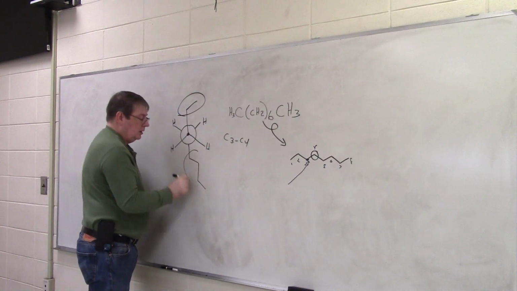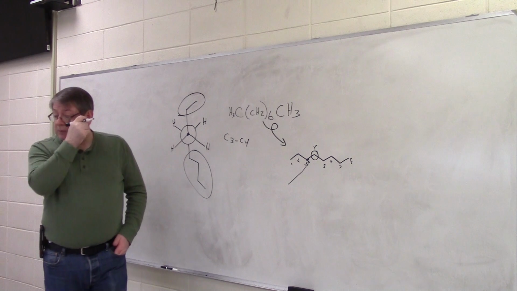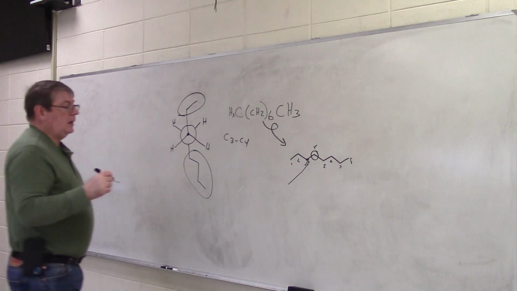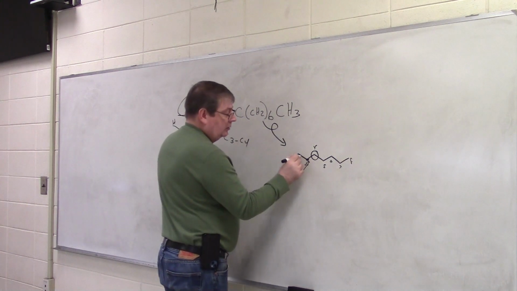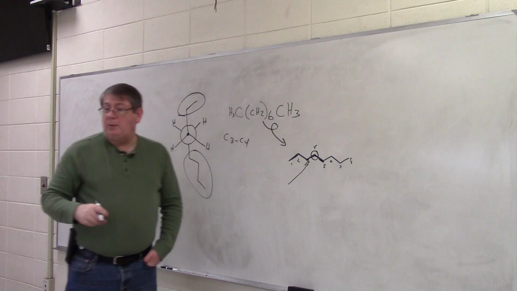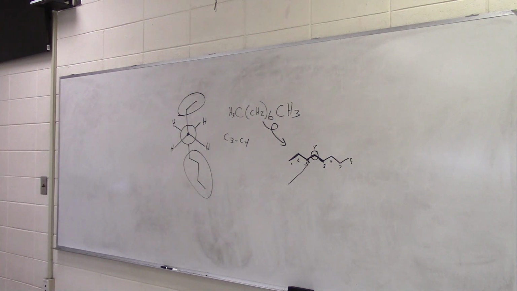This group and this group, again, are as far apart as possible, so it's stable. I can look down a Newman projection here, here, here. Any one of them, I can look down a Newman projection. It's always just looking down the 2 carbons at a time. Does that make sense?